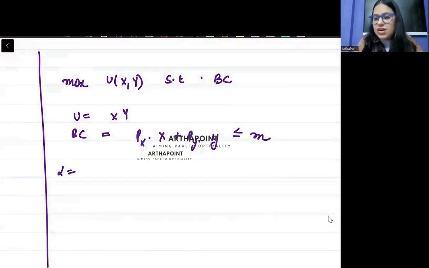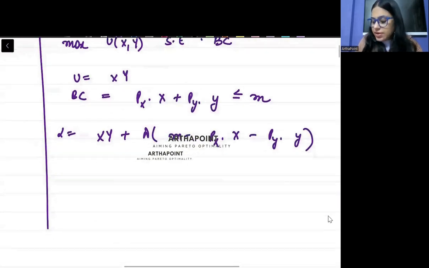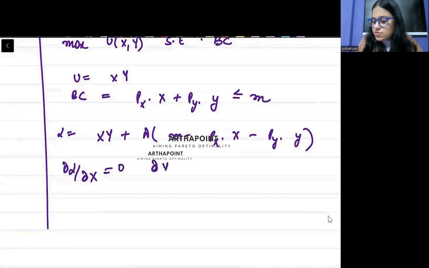You form the Lagrangian: xy plus lambda times (m minus px into x minus py into y). Then you differentiate this with respect to x equal to 0, with respect to y equal to 0, and with respect to lambda and equate it to 0.